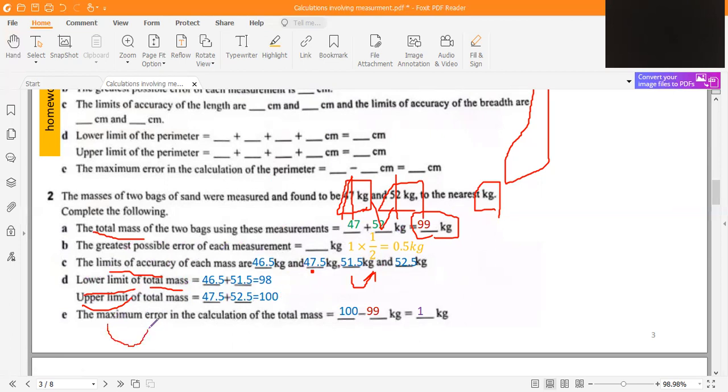How do we obtain the maximum error in the calculation of the total mass?